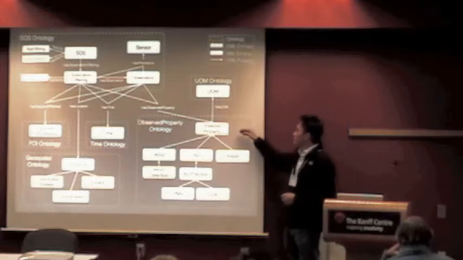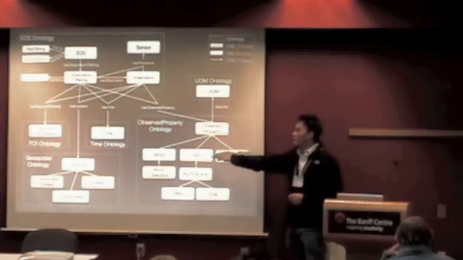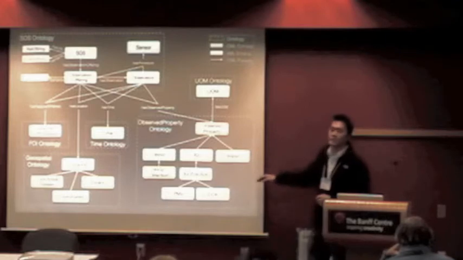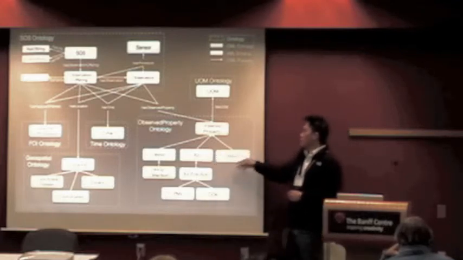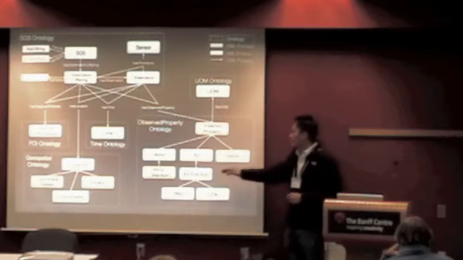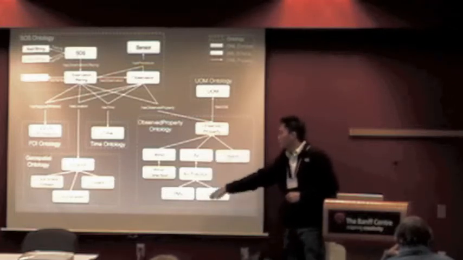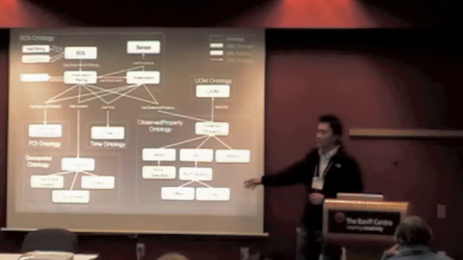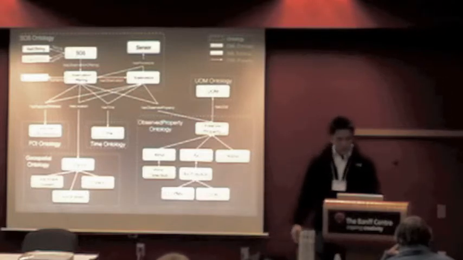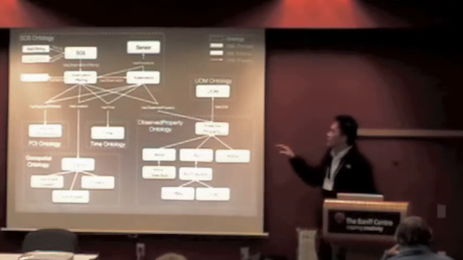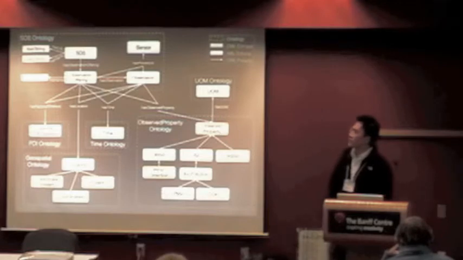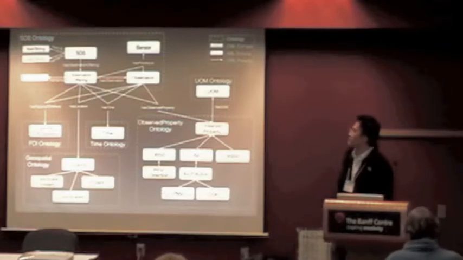Under the observed property ontology, we can define different concepts like wind, air, or water. Under these concepts, we can have sub-concepts like air pollution under the air concept, or PM or carbon dioxide. So we can use ontology to define the concepts and the relationships between them.